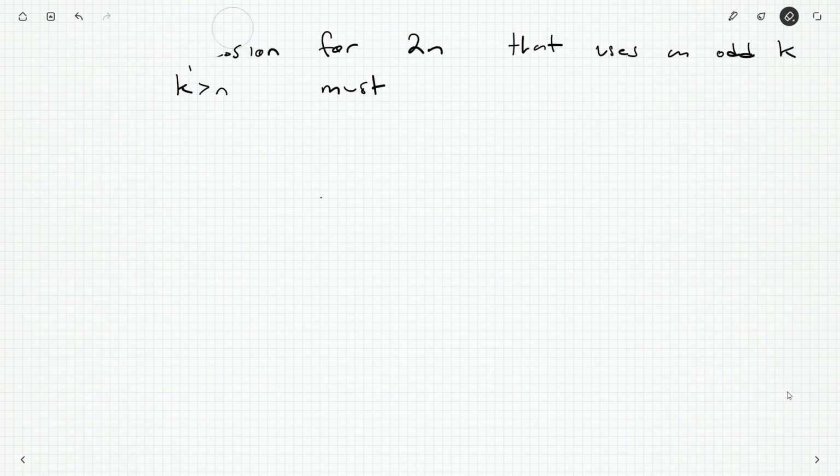Here's my current thought. If n is odd, let a1 plus a2 plus, up to some ax equal n.